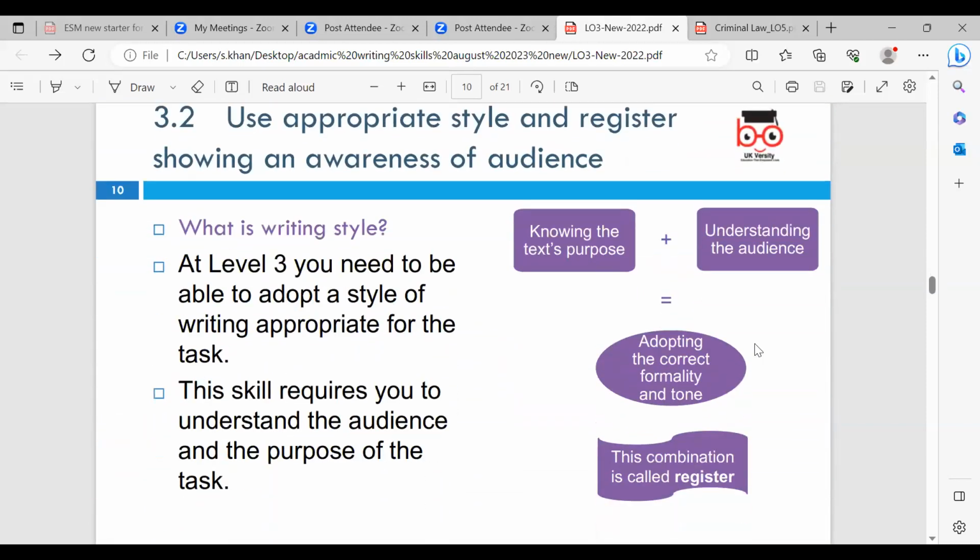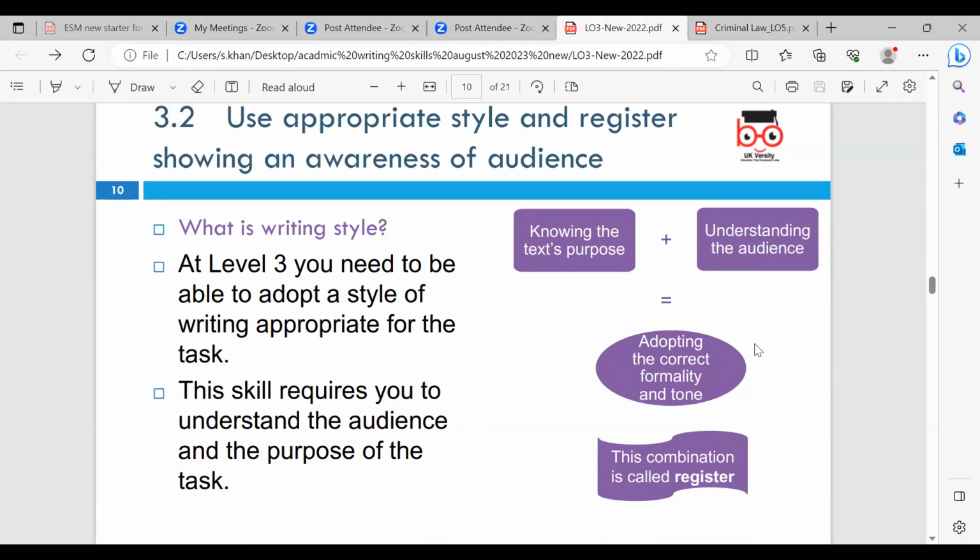3.2, use appropriate style and register showing an awareness of audience. So what is writing style? At level 3, you will need to be able to adopt a style of writing appropriate for the task. This skill requires you to understand the audience and the purpose of the task. Why is it important to know the purpose of the task?